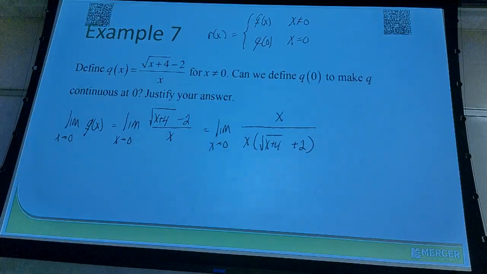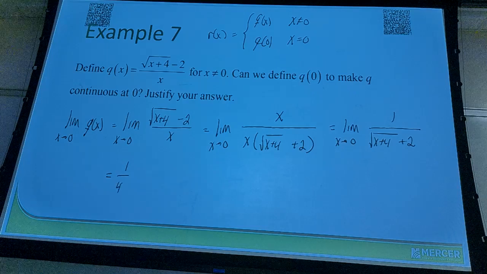You cancel it out, which is just x. There's Q of 0.